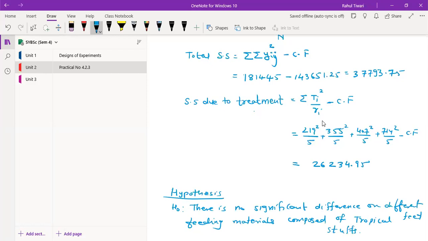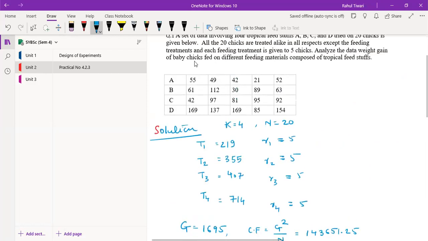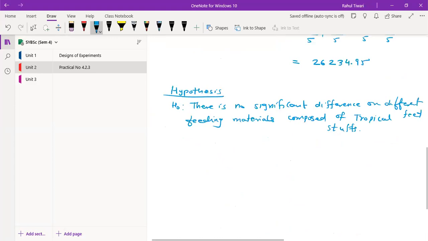So whatever the question asks here, you can write down the same thing. Okay, there is no difference in the different feeding materials composed of tropical feedstuff, versus H1, not H0.